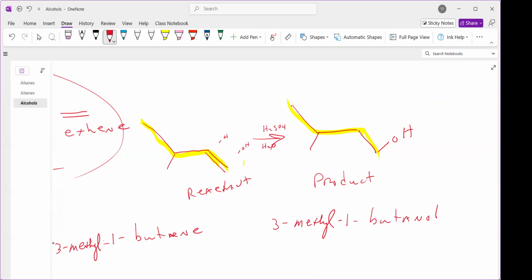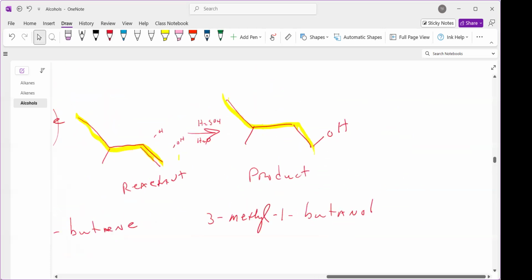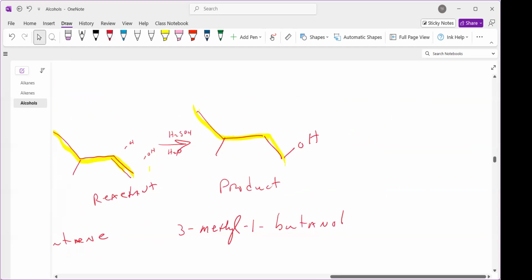Now, the problem with this reaction is we're going to get a mixture. And on the test, if I asked you how to make this, you don't have to worry about a mixture. If you're adding something to reactants, then you get a mixture. If I ask you how to create something, just tell me how you create it. Now, if we did this reaction, we get this. That would be the other product, on either side of the double bond.